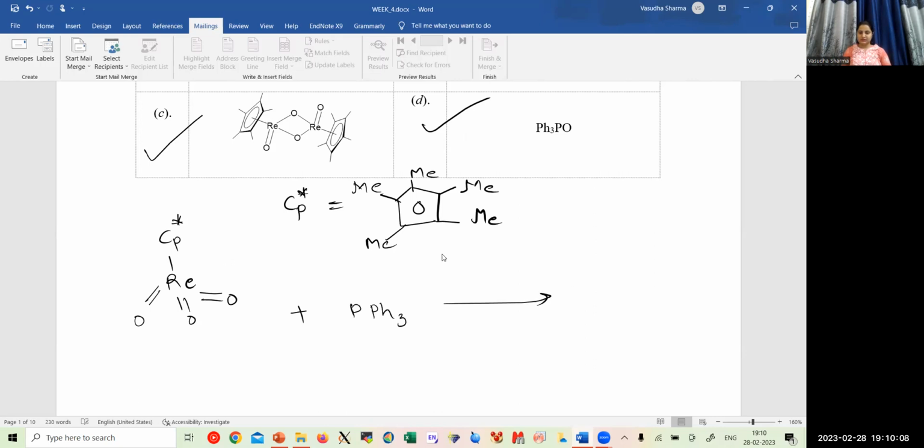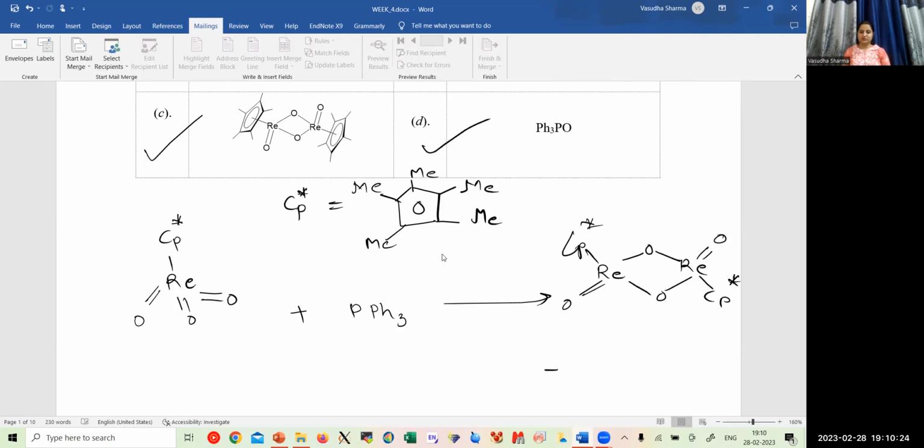It will release the PPh3, with rhenium making double bonded O over here and Cp star here, Cp star here. So with the loss of P double bond O, PPh3.